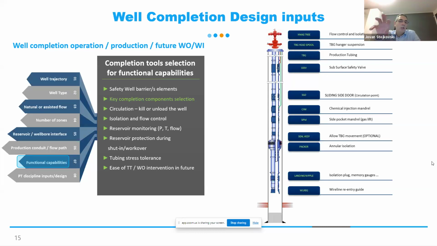Maybe you are planning to kill the well in the near future, and instead of bullheading the well, to avoid any interaction between the killing fluid and the reservoir, you will open the SSD and kill the well with the killing fluid in order to recomplete the well. This is just an example. So these components are really up to requirements, up to your logistics, how you will do maybe a workover in the future. You will put some of the tools there.